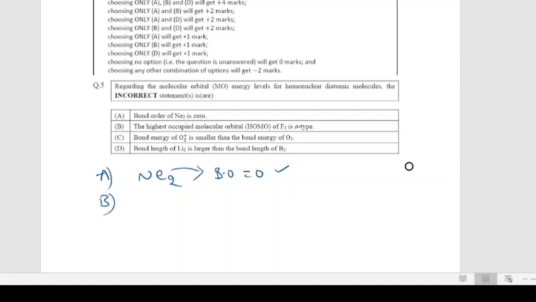Suppose we consider the electron configuration of F2.